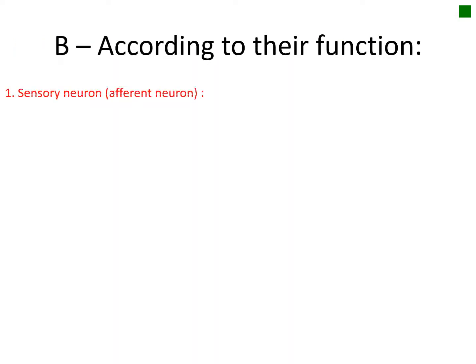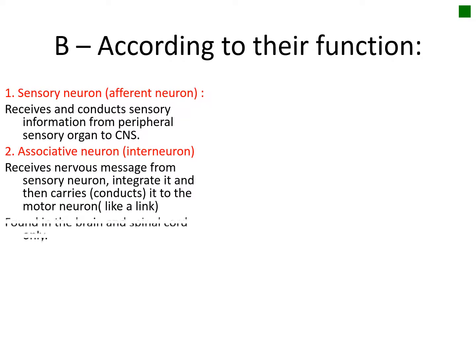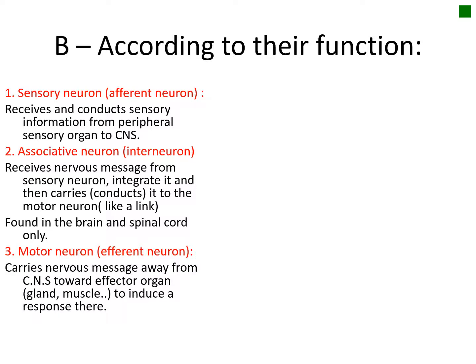According to their function, we have sensory, we have motor, and we have special types called associative or interneurons. So the sensory, afferent neuron receives and conducts the sensory information from the peripheral sensory organ to the central nervous system.